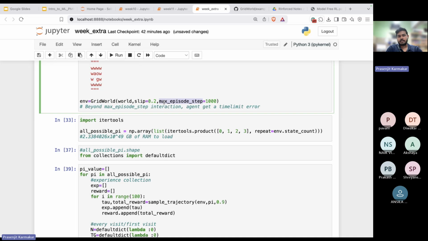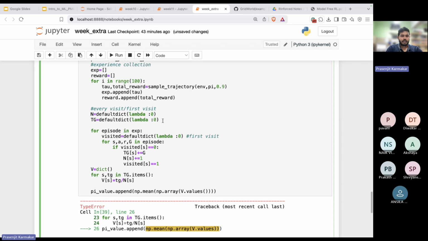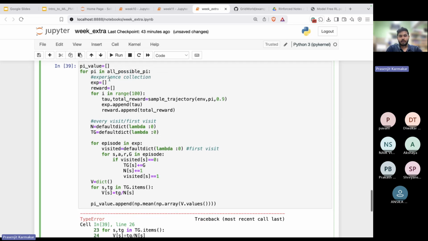So taking maximum steps 1,000 doesn't make sense, but let's keep it. We are collecting 100 samples for a particular policy pi, then computing the value function with the Monte Carlo method. Based on that, we're computing the mean value function and also storing it, just to see which policy has how much mean value function.